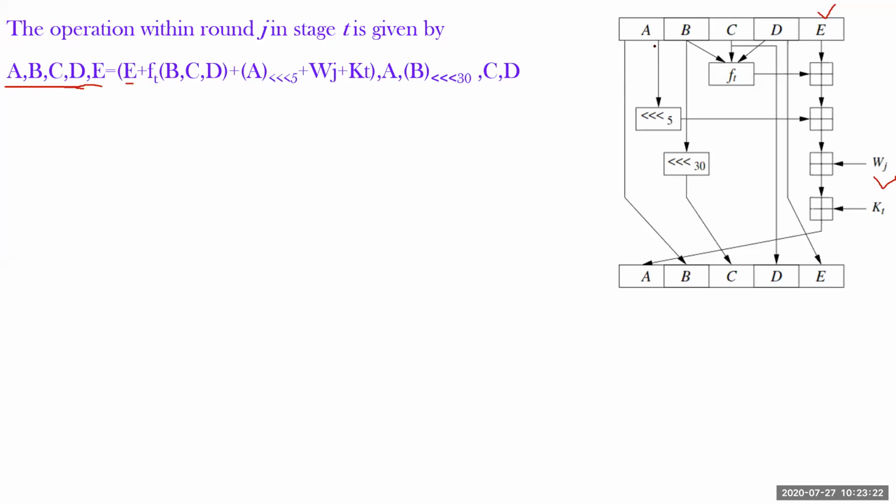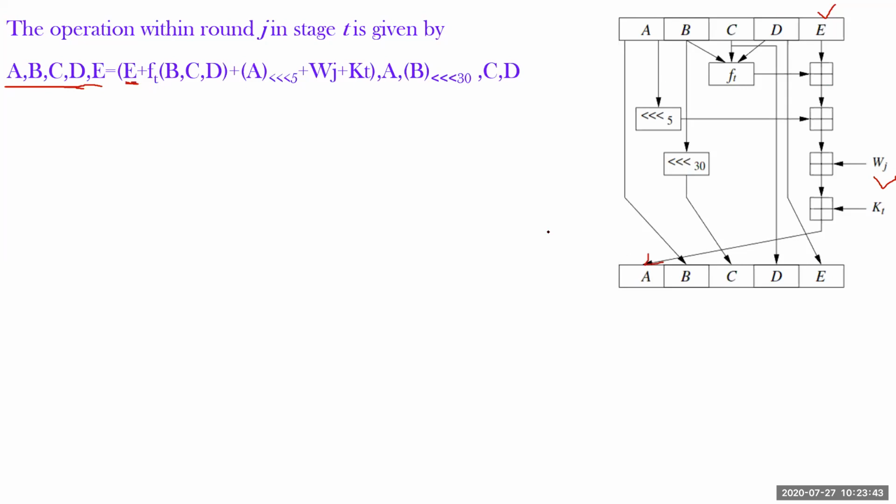And A will be taken into consideration in some other way. B will be circular left shift of 30 times and will be forwarded to C. Look at this: A will be forwarded directly to E here.